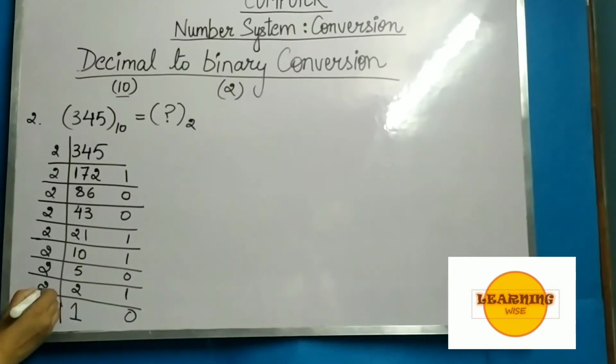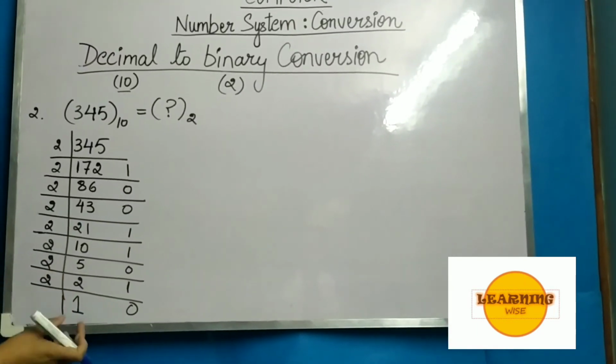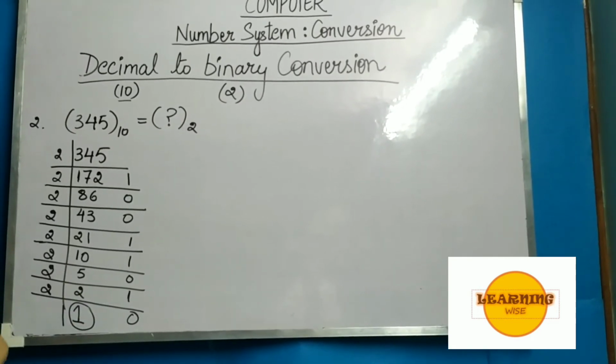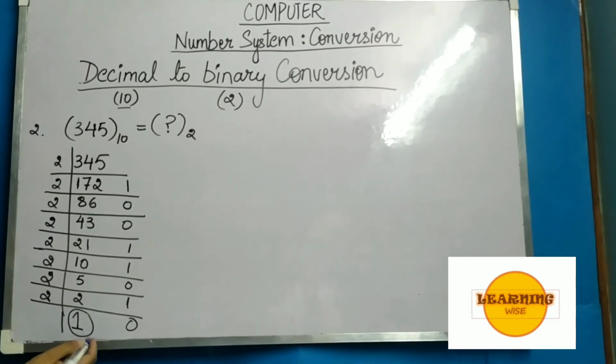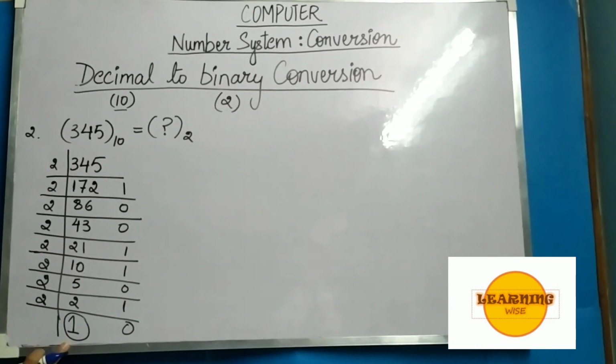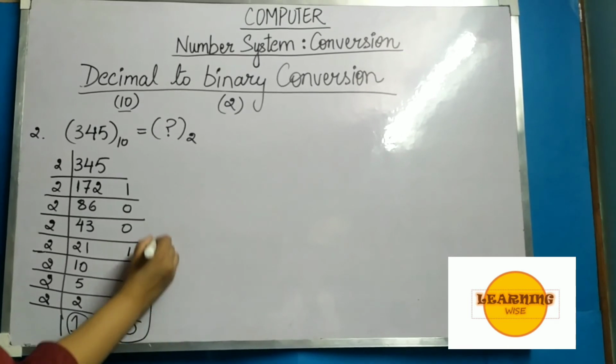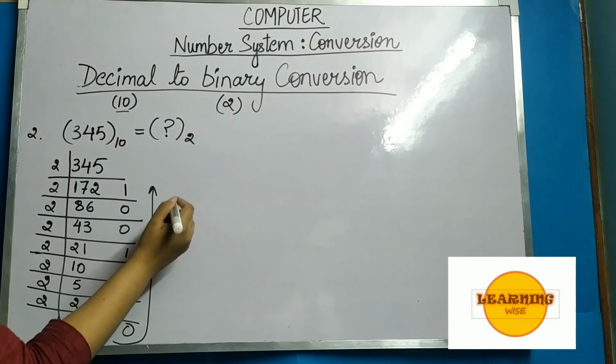Now important thing, I have seen students who forget this last digit. Please try to remember that you have to collect the answer from the bottom, all right, and you'll move it like this. So what is going to be your final answer?